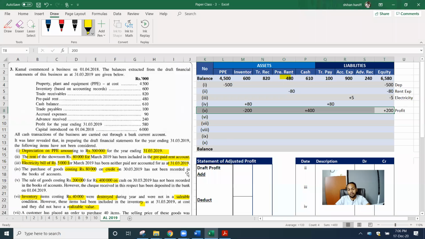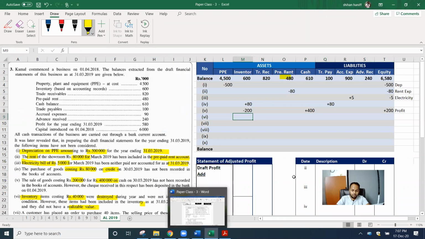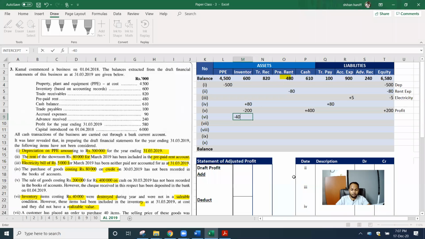So this you can't sell. There is no realizable value. Therefore, we have to deduct 40,000. Inventory will reduce, and this is an expense. Write off. Inventory written off.